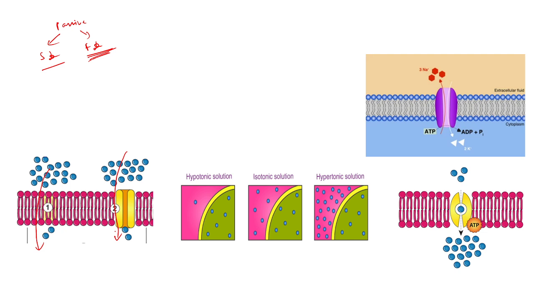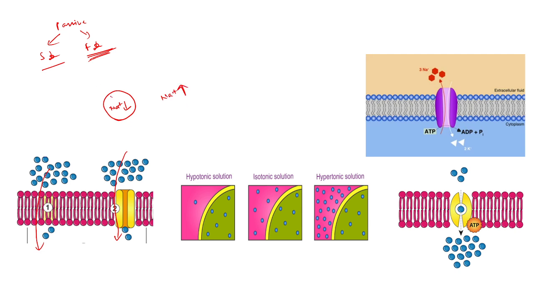But what if, let us say, this is the cell. Always inside the cell, the sodium concentration is very low, and on the outer side the sodium concentration is high.